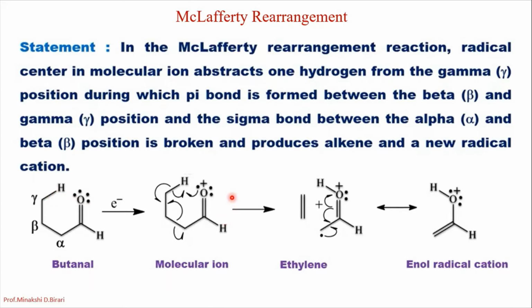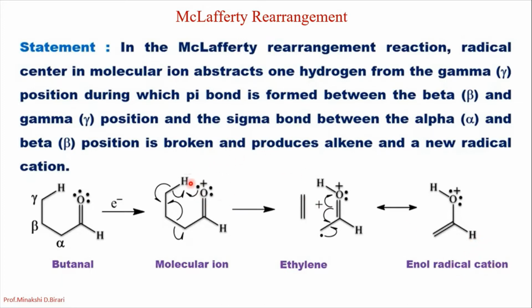The sigma bond between the alpha and beta position is broken, and it produces the alkene which is eliminated, and also a new radical cation. So ethylene is eliminated, and the enol radical cation is formed.